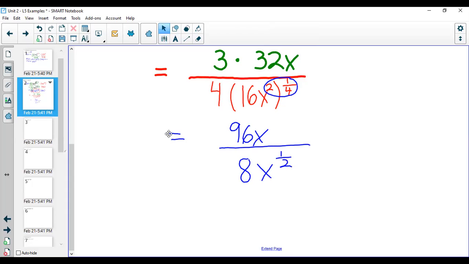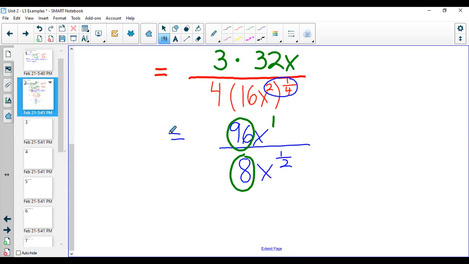Now remember, this 96 can be divided by 8, and x to the power of 1 divided by x to the power of 1/2.